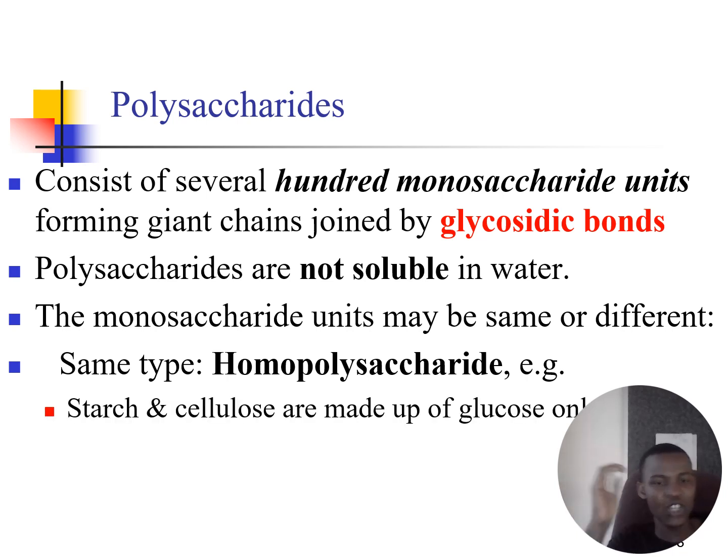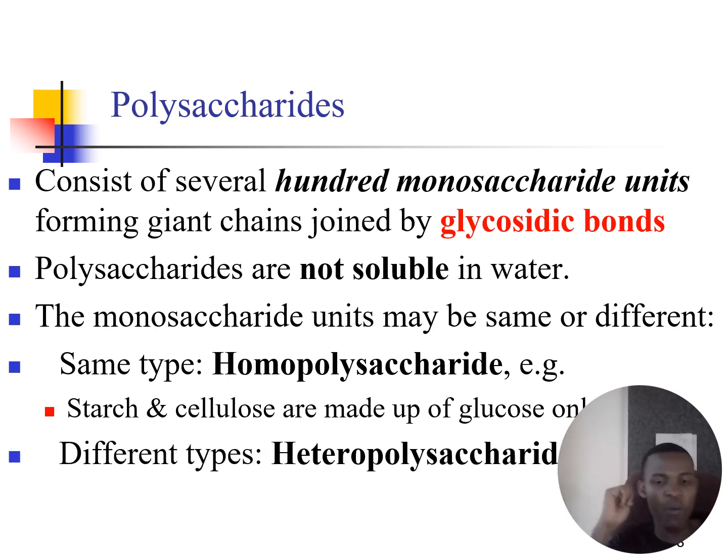Homo means the same. Sometimes we may have different units, and we call those heteropolysaccharides. Examples of heteropolysaccharides are lignin and pectin.